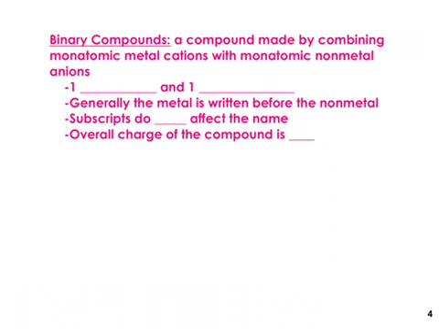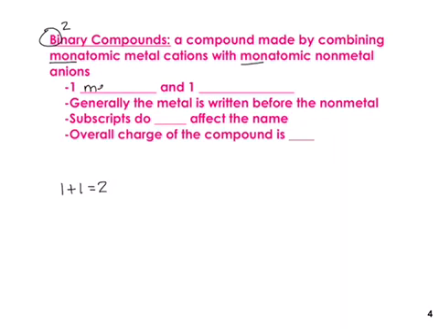So binary compounds are compounds made by combining a monatomic metal and a monatomic nonmetal. Remember, binary, bi means two. So if we have a mono plus a mono, 1 plus 1 gives us that 2. And so we're only going to have 2 elements in binary compounds.